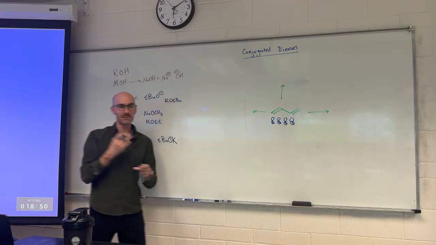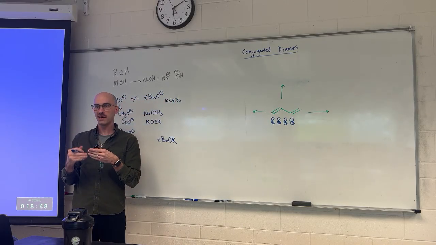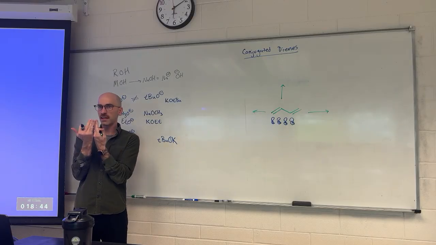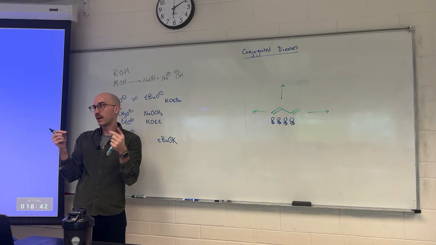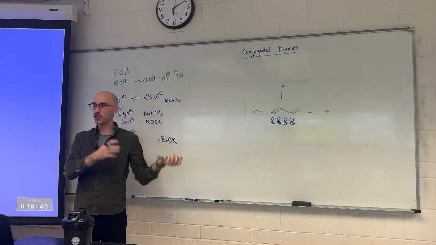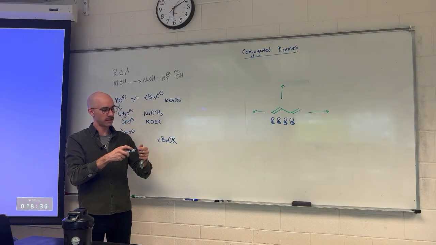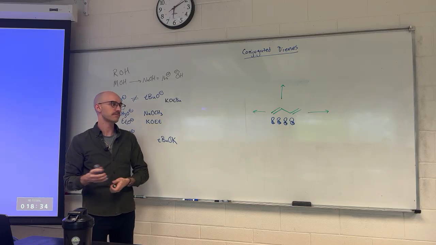All 4 of those atoms have a p orbital, which means there's an uninterrupted series of p orbitals, which means that they are all sharing a pi bond. Molecular orbital theory describes it and illustrates it better than Lewis structure can.